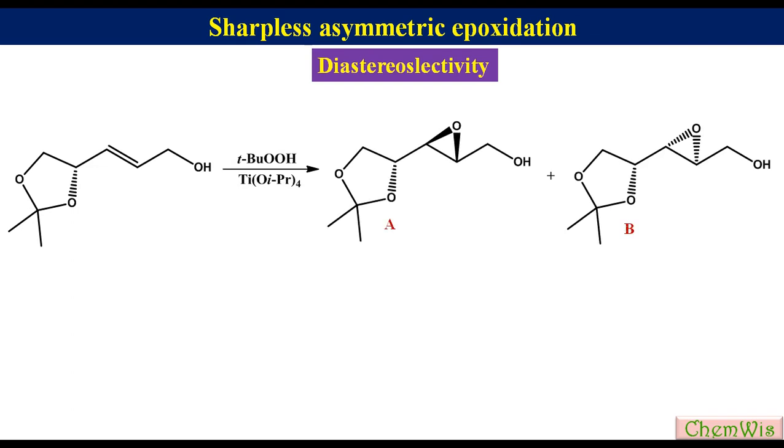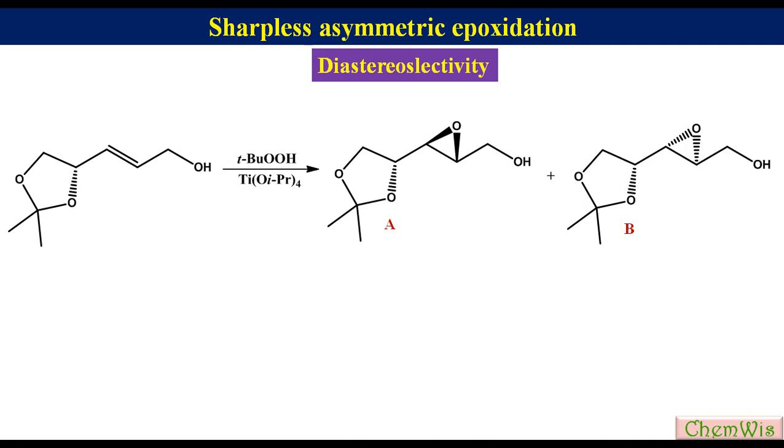For example, if we allow this chiral allylic alcohol to react with tert-butylhydroperoxide in the presence of titanium tetraisopropoxide, it will give a mixture of two diastereomers A and B.